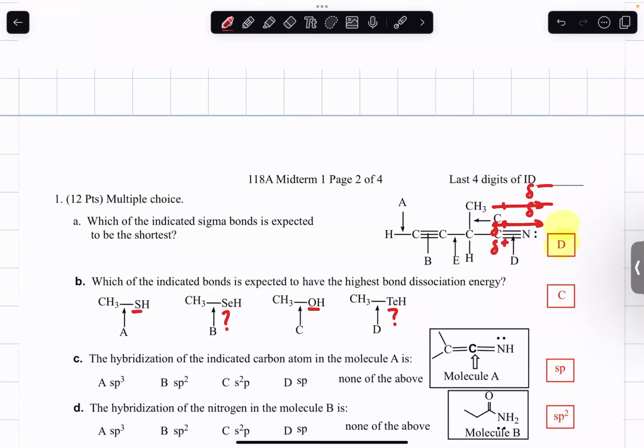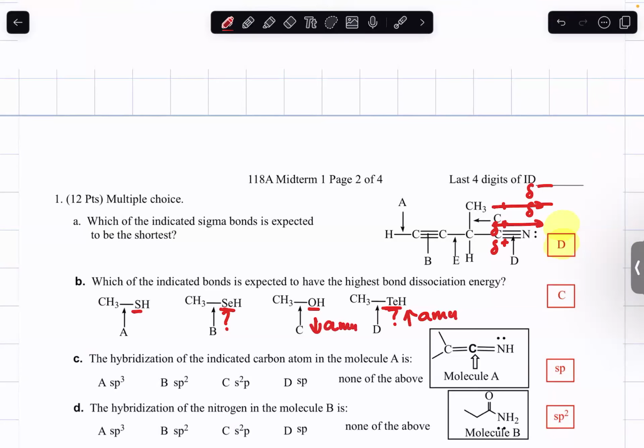So I was thinking that if something is greater in weight, then it would take more for it to dissociate, because tellurium has greater weight compared to oxygen. Oxygen has the least.